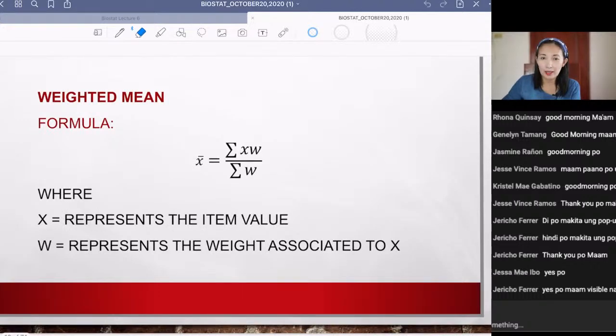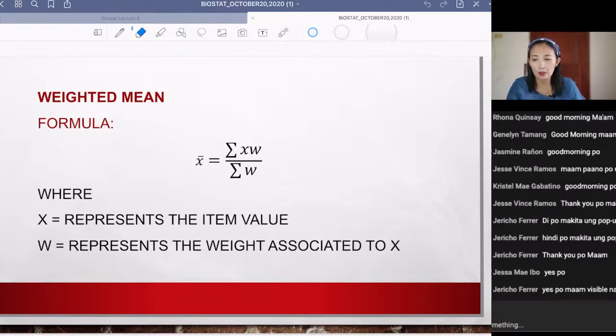And for the weighted mean, there are two types of mean. Simple mean: simply add up all the scores divided by the number of scores given. Weighted mean: for instance, computing for your grades or your CGPA requires a weighted mean because it depends upon the units assigned to a particular subject.